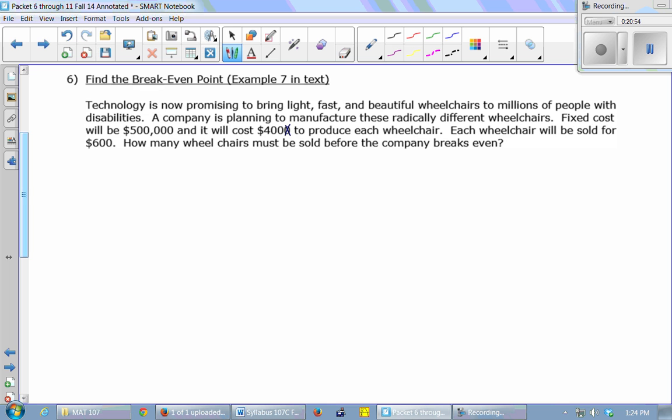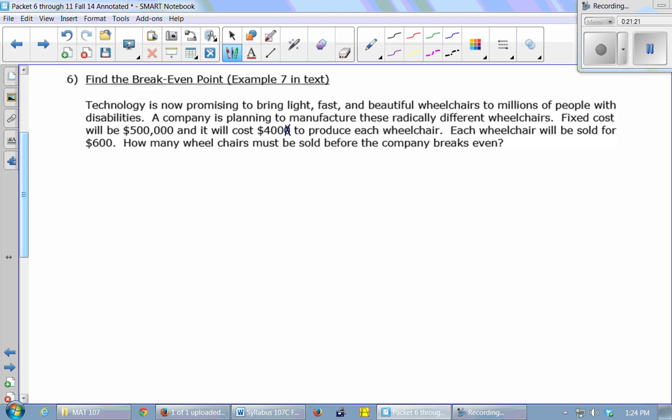They have to purchase a building, they have to employ a bunch of people, they have to create the machinery that's going to put these things together, right? So we have a big upfront cost to get this business started. Plus, each wheelchair is going to cost $400 to produce. So there's a typo in your thing there. It should say 400. Each wheelchair is going to cost $400 to produce.